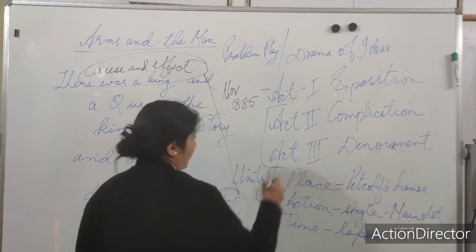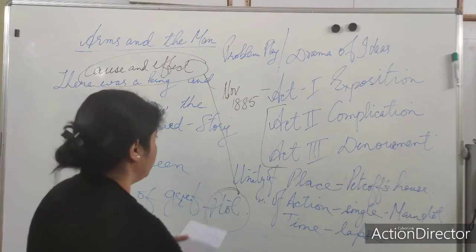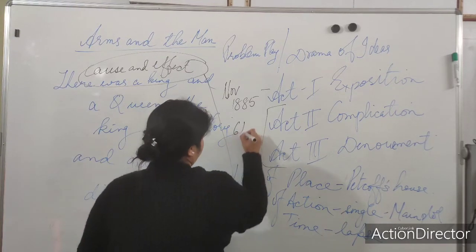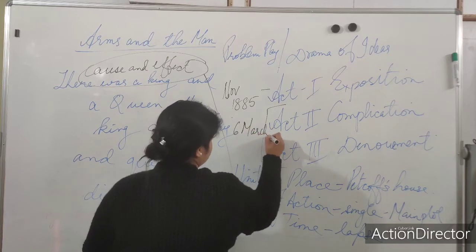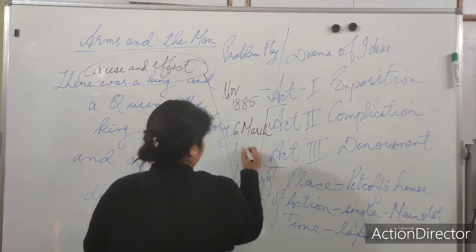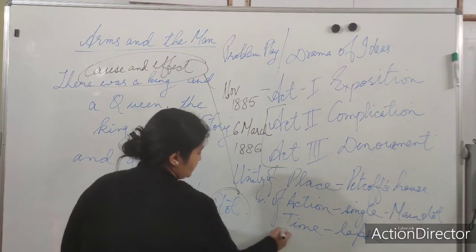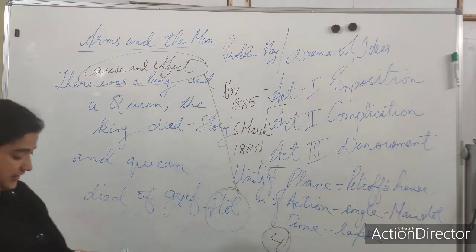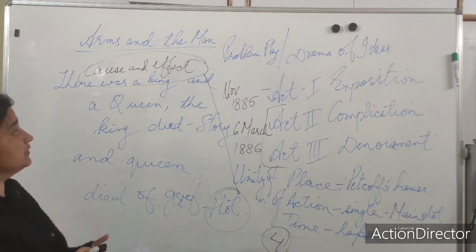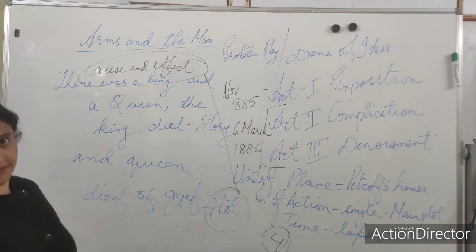But Act 2 begins in 6 March 1886. So almost how much? A lapse of 4 months can be seen as far as the unities are concerned.